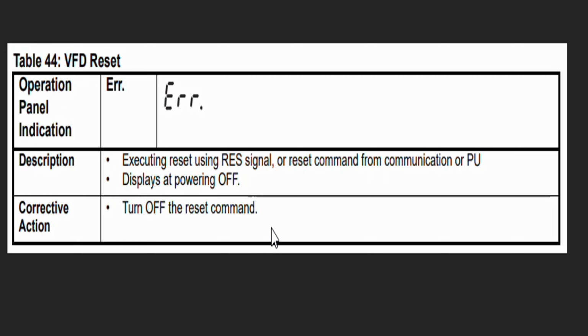If we want to resolve this, we have to check if a reset command is coming continuously, either from any digital input or output or from another place. If that is corrected, this error will be resolved and will not come again. So you have to do this task only to resolve this error.